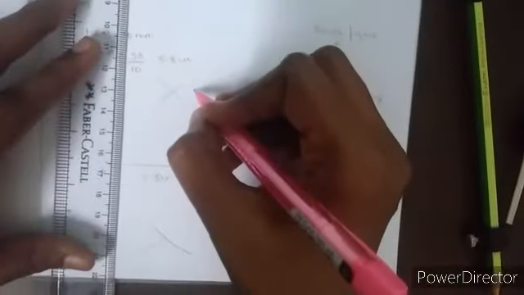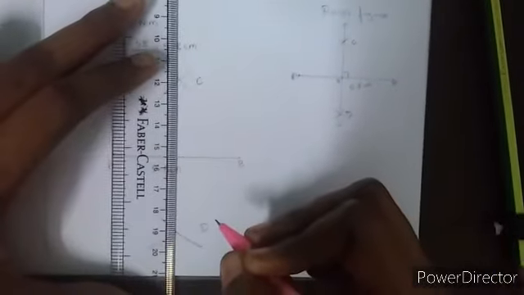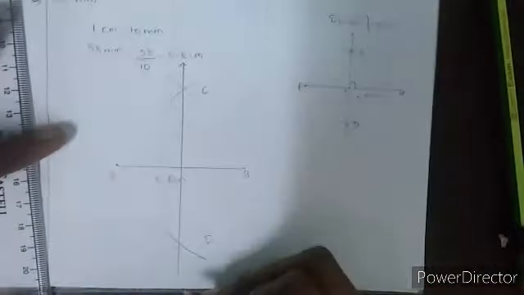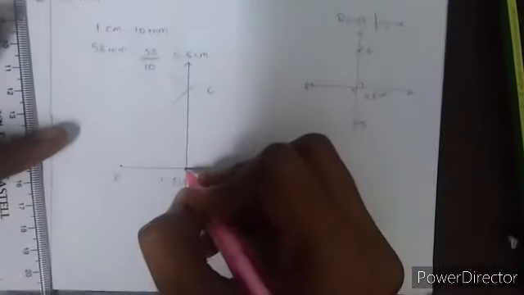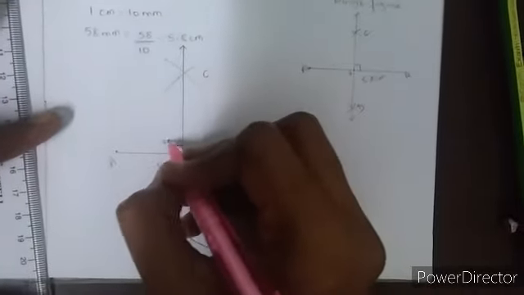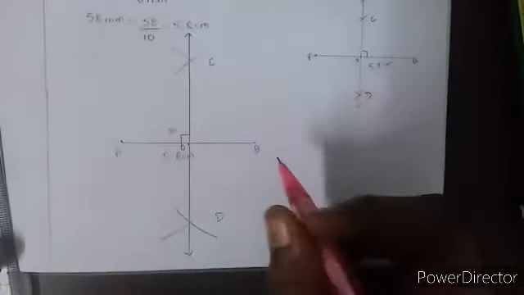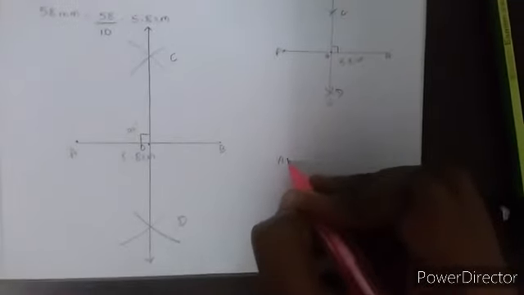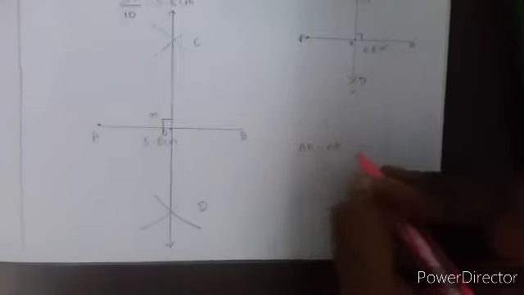Now you name it as C and D. Now join C and D. So the point of intersection is O and 90-degree. Okay, let's check whether it is a perpendicular bisector or not.